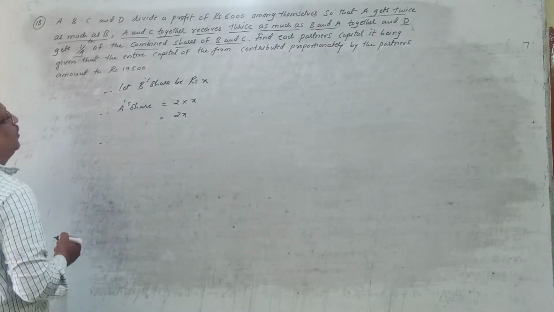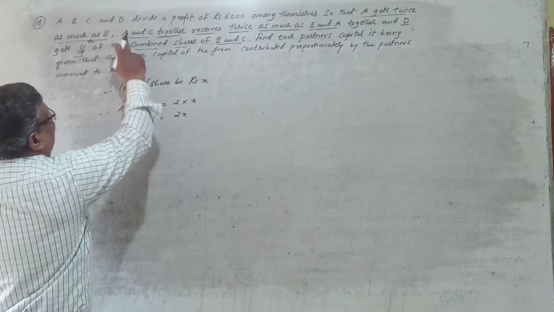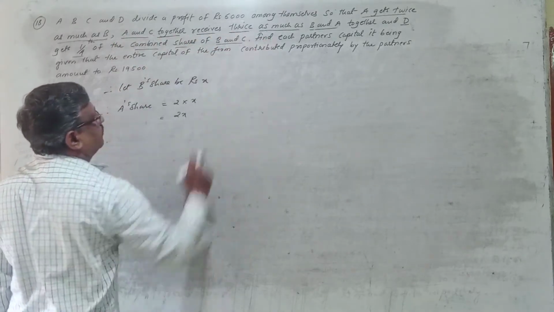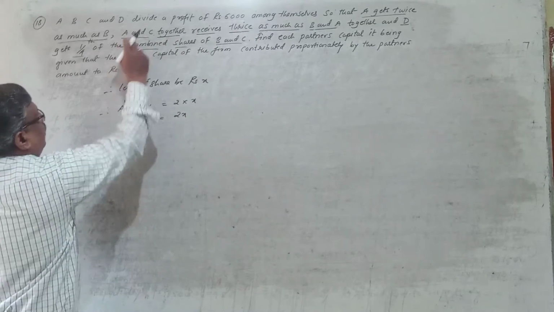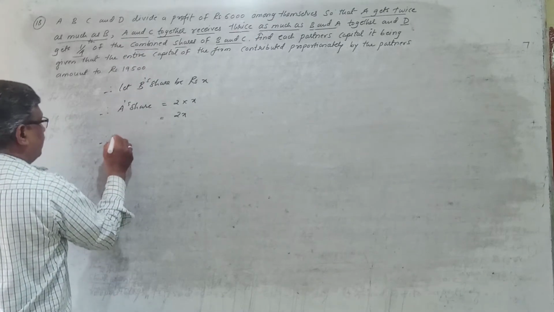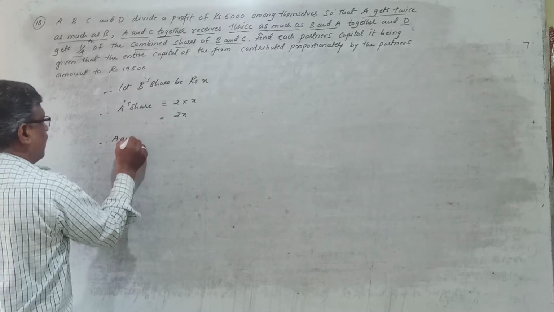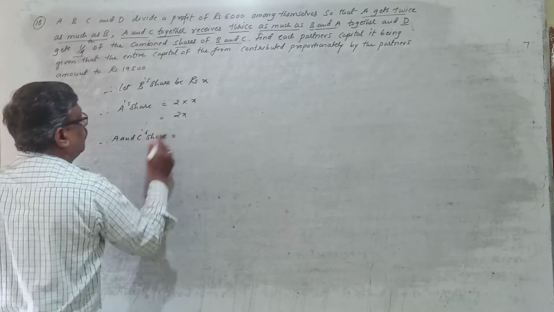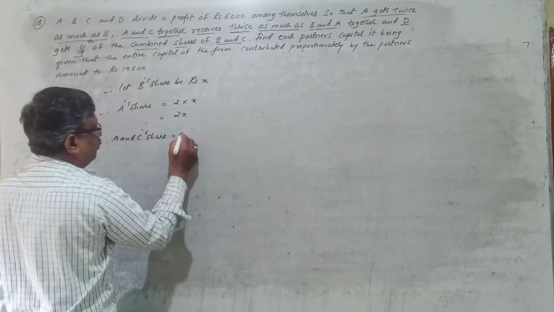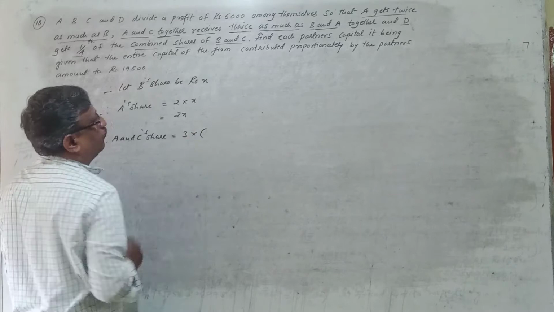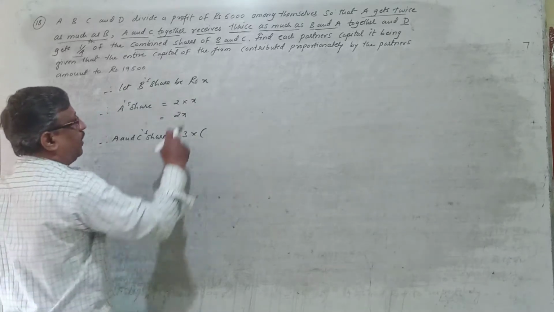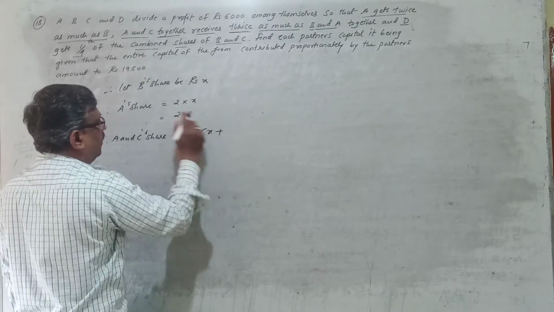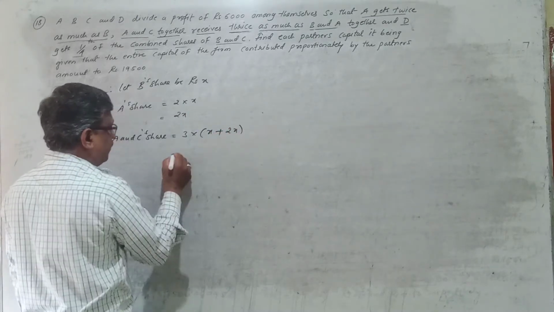Now we have to calculate the share of C. Further you read, A and C together receive thrice as much as B and A together. So A and C's share equals 3 times the share of B and A. B's share is X, and we add A's share 2X.